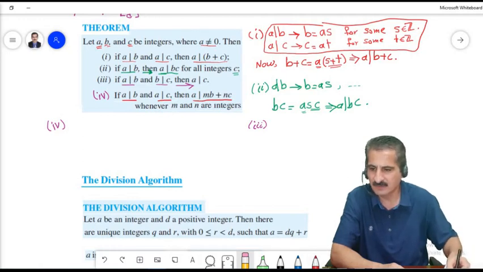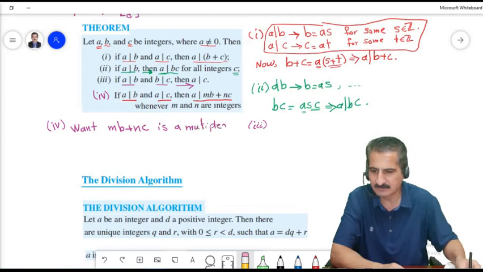Now we want to show that m times b plus n times c is a multiple of a.